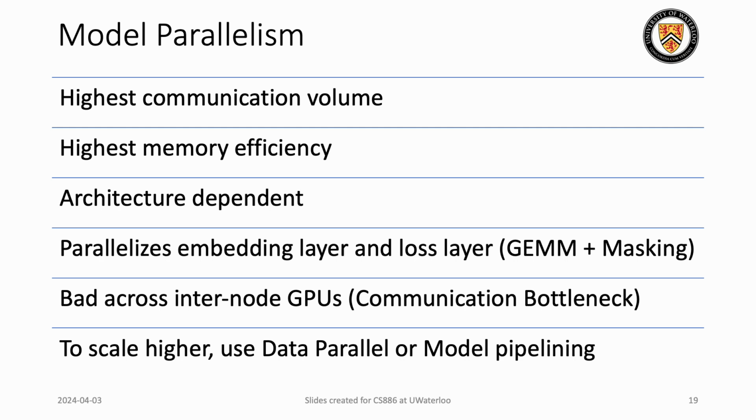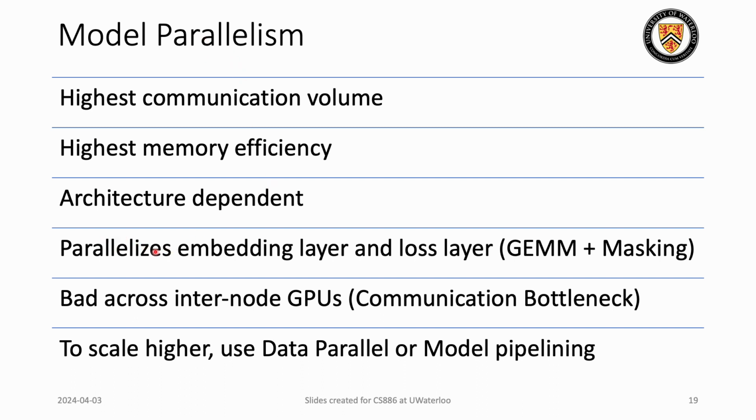So if you were using GPUs from multiple devices, there becomes a communication bottleneck. So usually we just use model parallelism on GPUs inside the same node or server, for example.